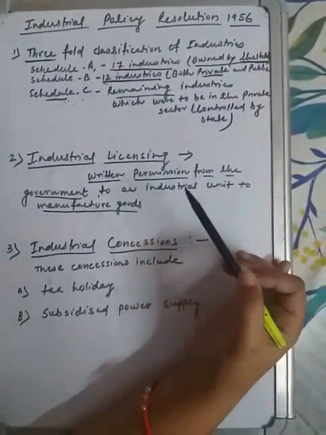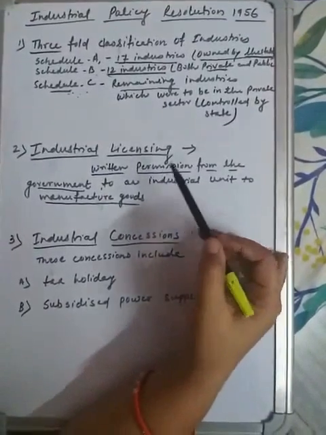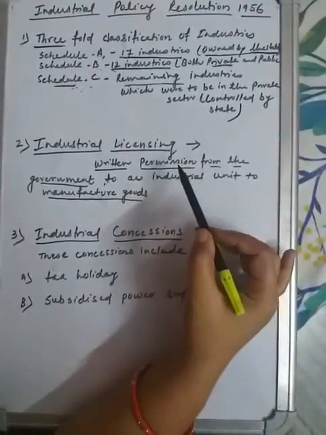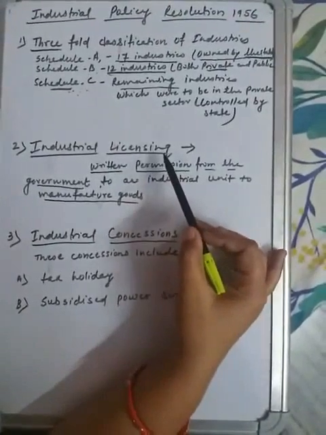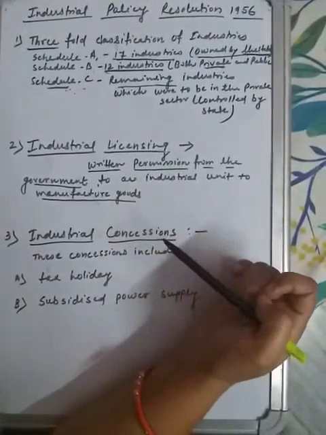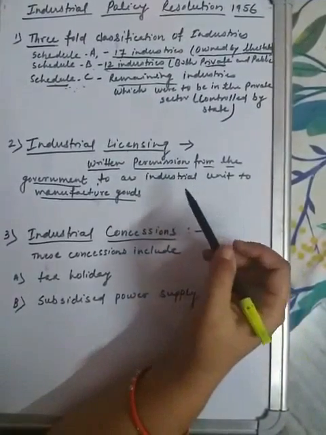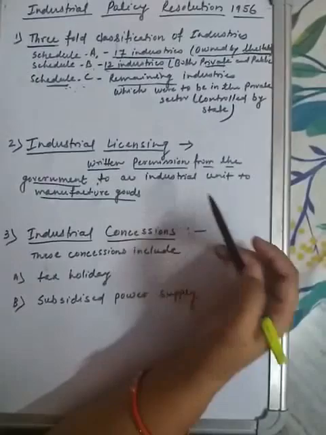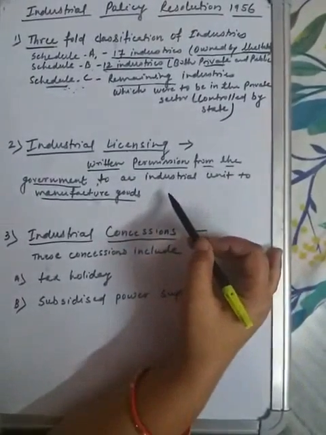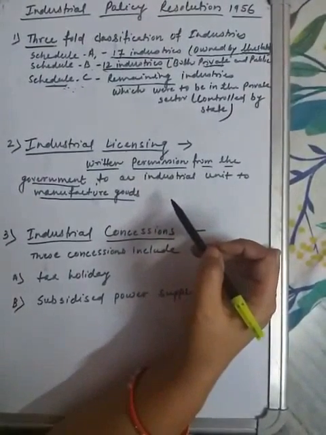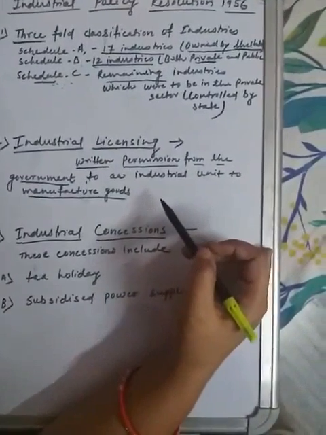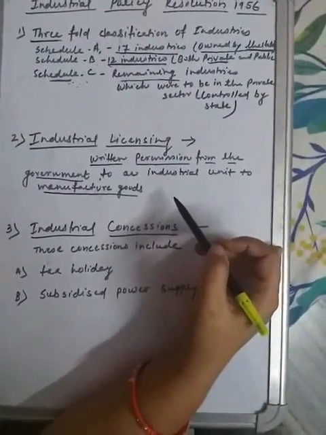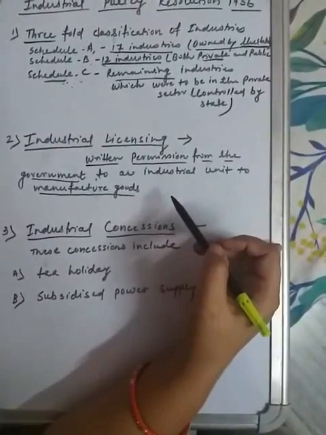The basic idea of the licensing policy was to encourage industry in backward regions of the country. This was to promote regional equality. The government encouraged industrialists to establish industry in backward regions because this would lead to regional equality.